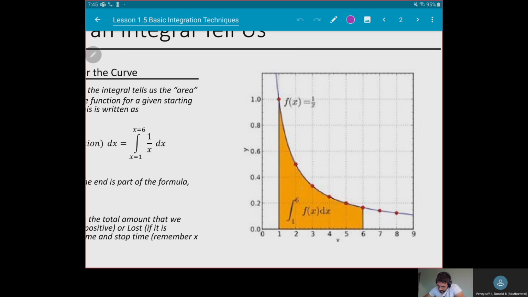And that is 1.79 parts were made from hour 1 to hour 6.